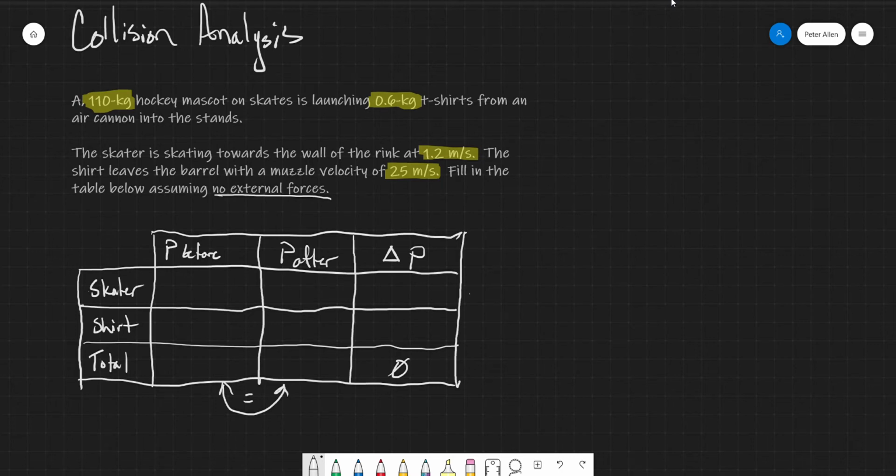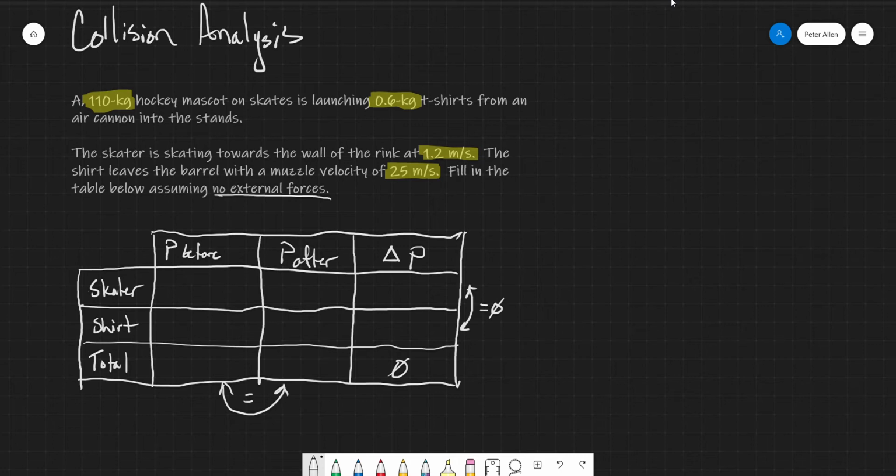It also means that this one plus this one should equal 0, that these two added together should be opposite to each other in order to equal 0. And that's if we have no external forces. So that's just a beginning idea here, and that's also going to affect what we have in these boxes over here.